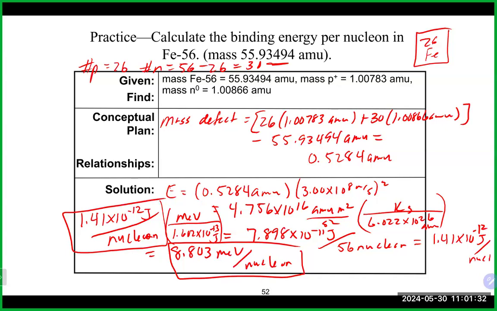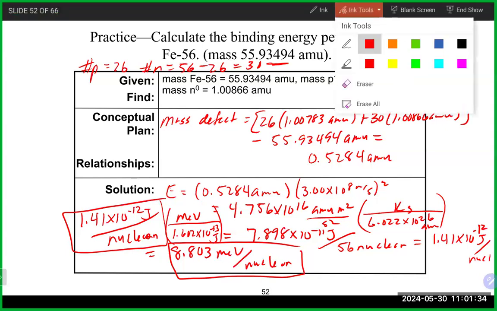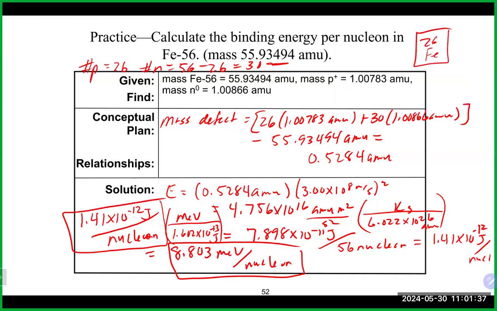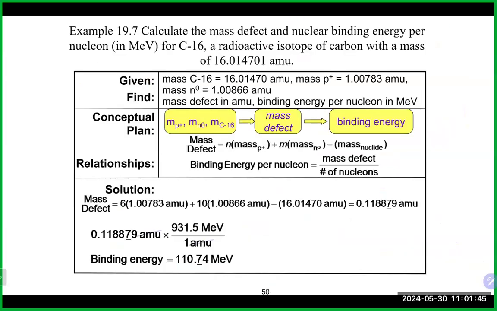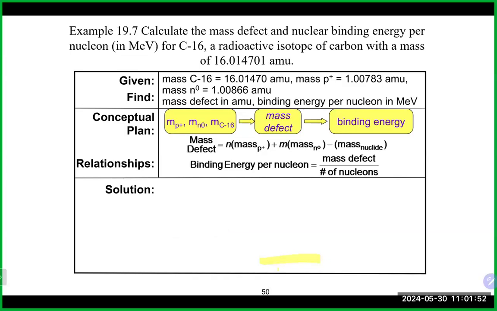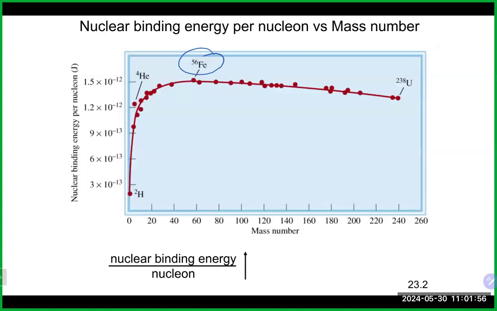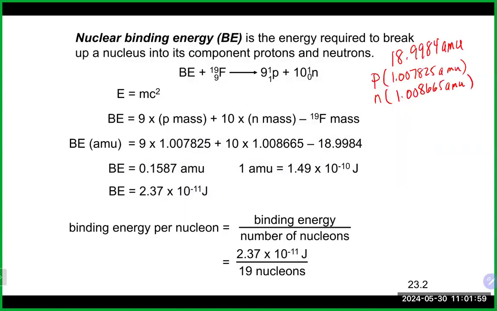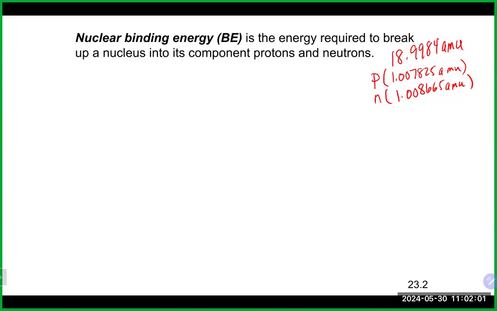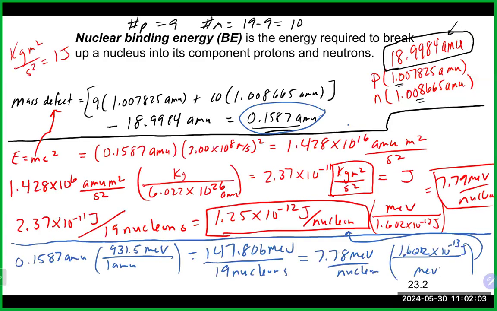Now, if we compare our binding energy per nucleon for our isotopes here, we can see that iron 56 had 8.8 mega electron volts. Our carbon 16 has 6.92, and I think we ended up with 7.78 for fluorine.